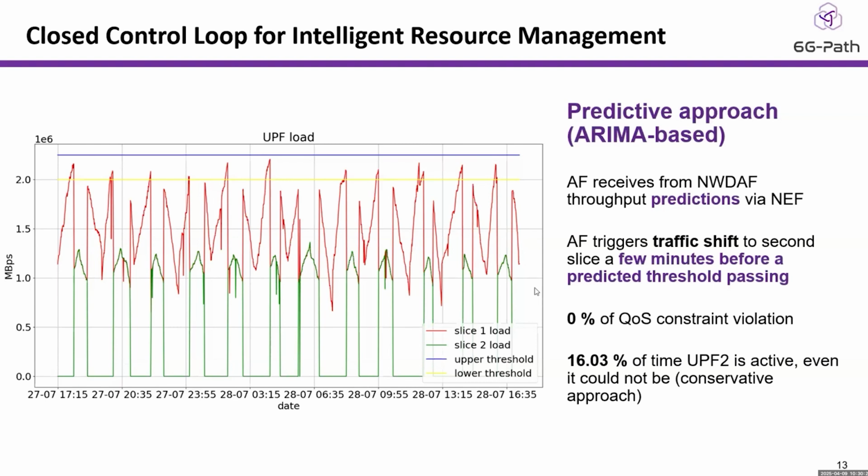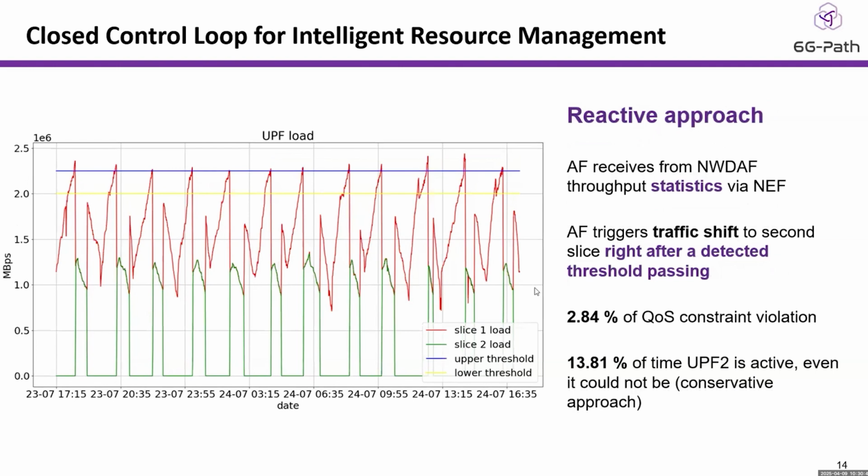Then we also have a little bit of resource overconsumption, and 16% of the time UPF2 is active, even if it could not be, meaning that the traffic would not really be going over the fixed threshold. If we don't like this behavior, we can adopt a different approach.